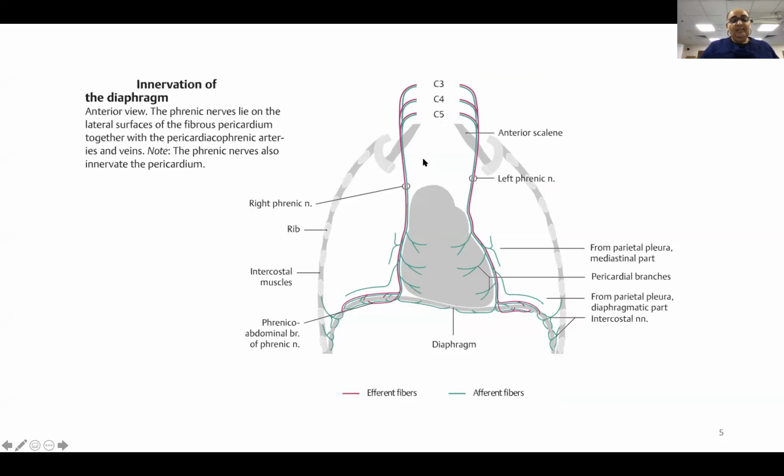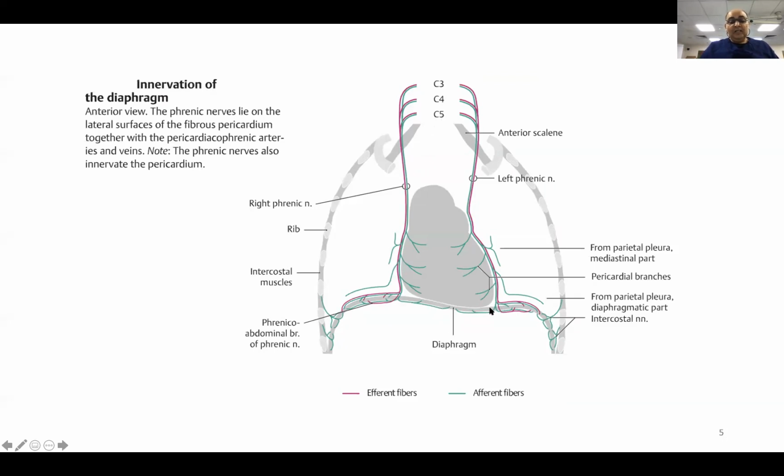Primarily, what happens, when you'll be explained in the developmental lecture about the diaphragm, Paul will be talking about that. For the structures which are responsible for the development of the diaphragm, we need four things. One of the contributing factors for the making of the diaphragm is the septum transversum, and that develops in the neck. When it migrates down, it drags its nerve supply along with it.